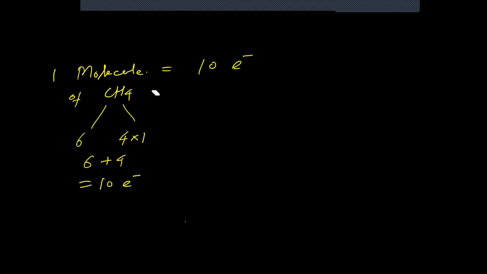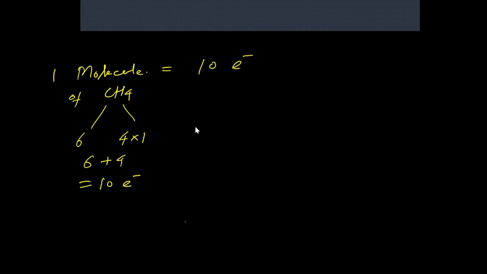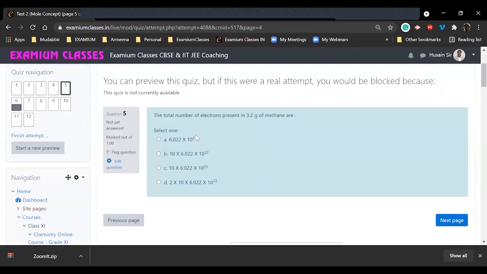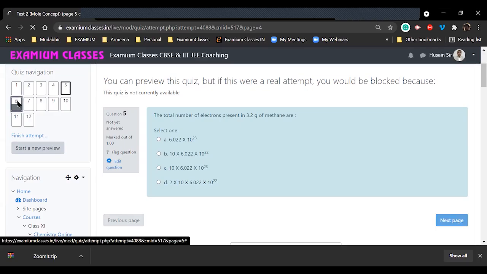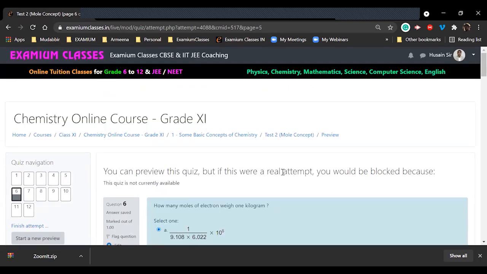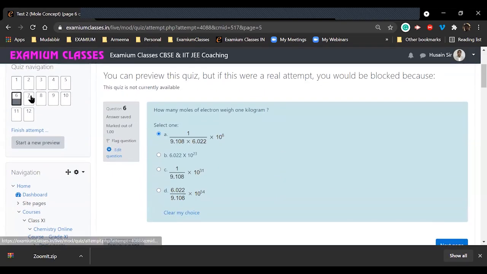So calculate the number of molecules of methane and multiply that by 10. Those many electrons will be there. And you know how to calculate the molecules now. By now, it should be a very easy question for you. Okay. 3.2 grams means 3.2 divided by molar mass of methane, which is 16. This one we have done.